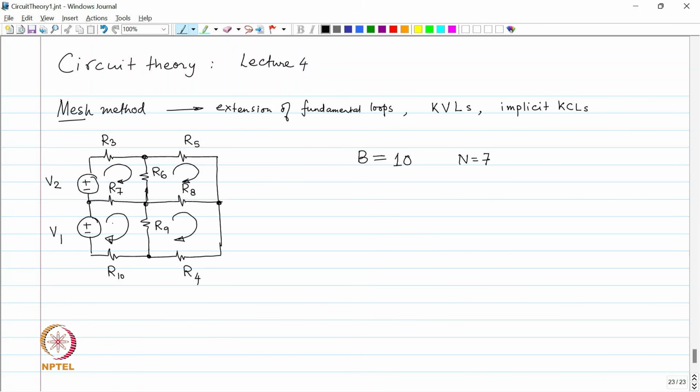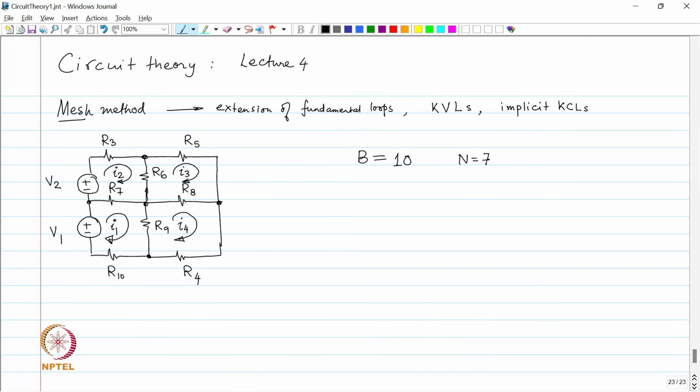And what we are going to do is, for each mesh, we are going to define a mesh current. All right, I1, I2, I3, I4. These are the 4 mesh currents.